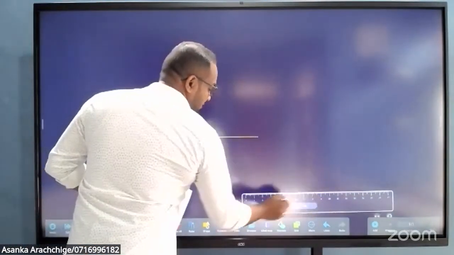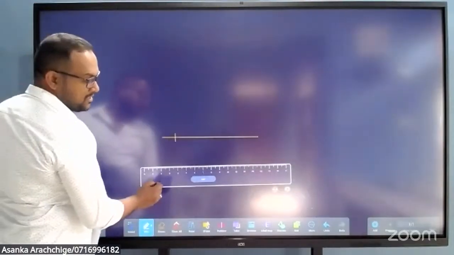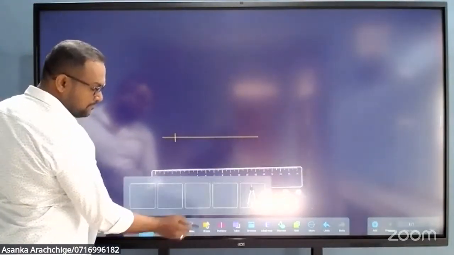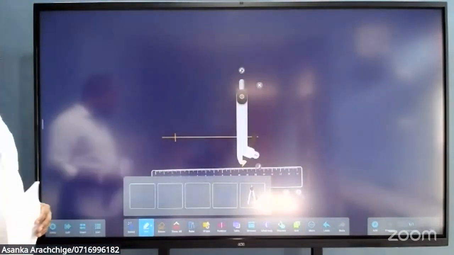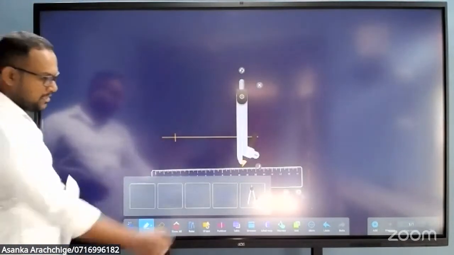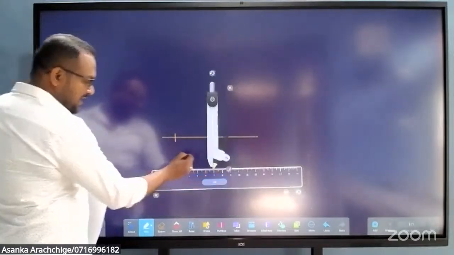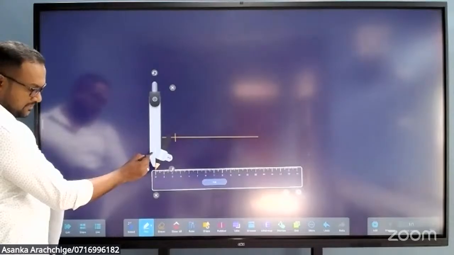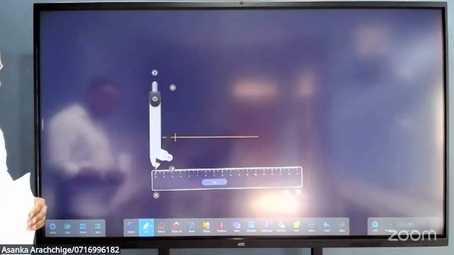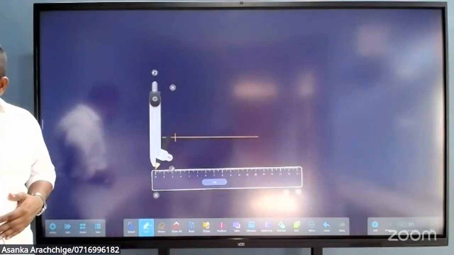Then, to get the length of this line segment, we have to use the pair of compasses. We have to take the middle point of the pair of compasses exactly to the 0 centimeter mark on the ruler.